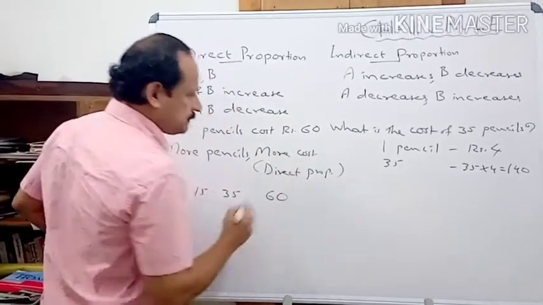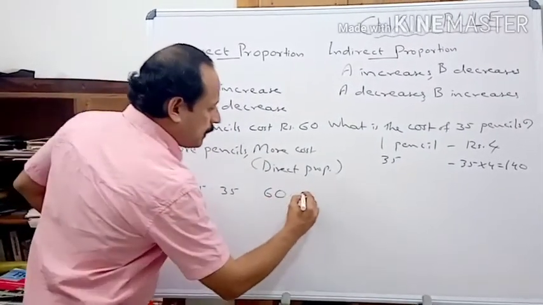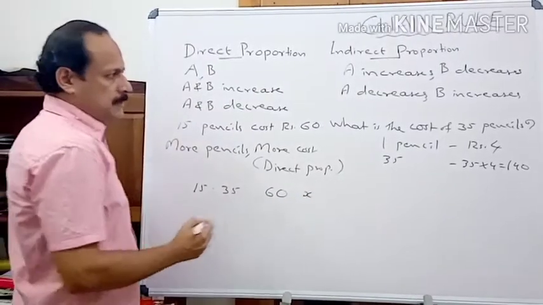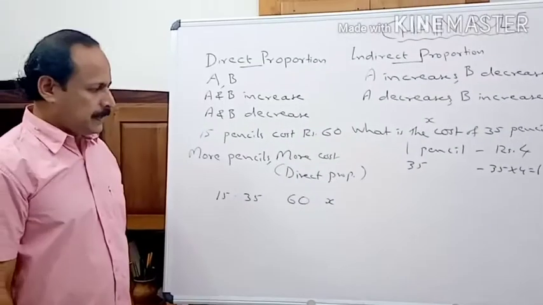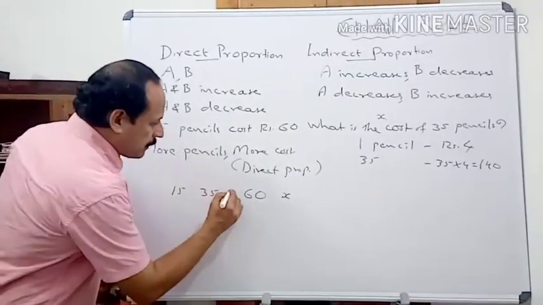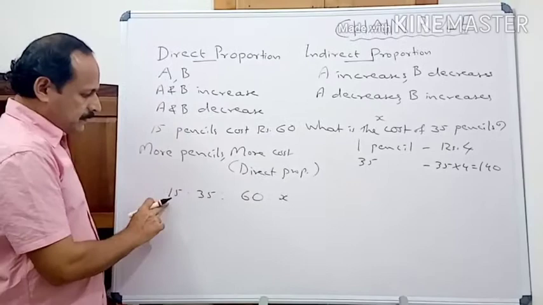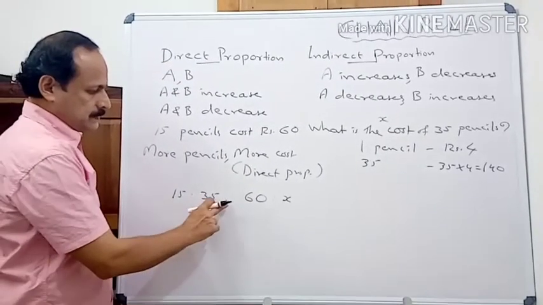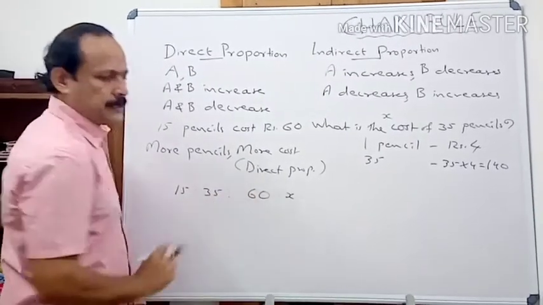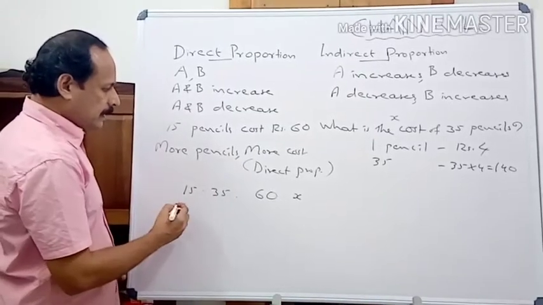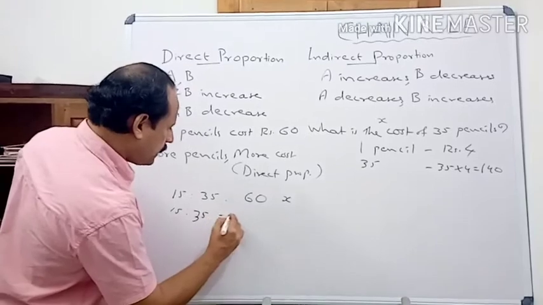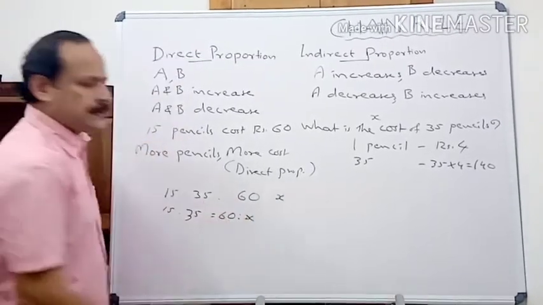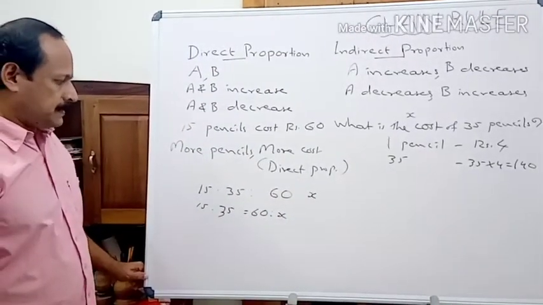And you assume that X is the cost of 35 pencils. And we write like this: 15 is to 35 as 60 is to X. Or 15 is to 35 equal to 60 is to X.